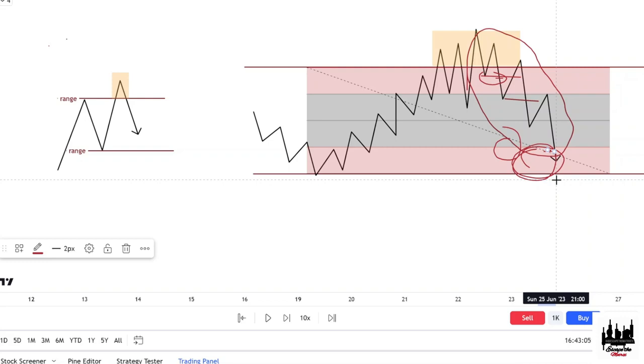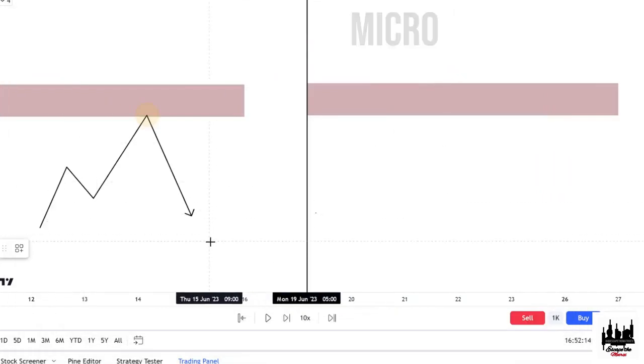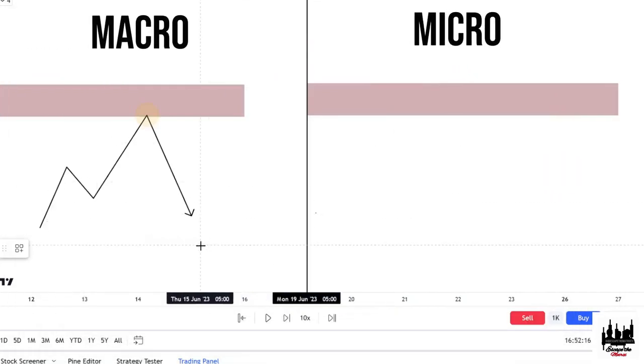So let's move to the next example. The same macro and micro concepts apply when looking at reactions. So let's say price approached a significant level, whether it's your macro order block, or your macro fair value gap, or a significant resistance level or whatever. You see a strict reversal. You see price approaching your level and dropping down, reacting straight away, forming a swing.